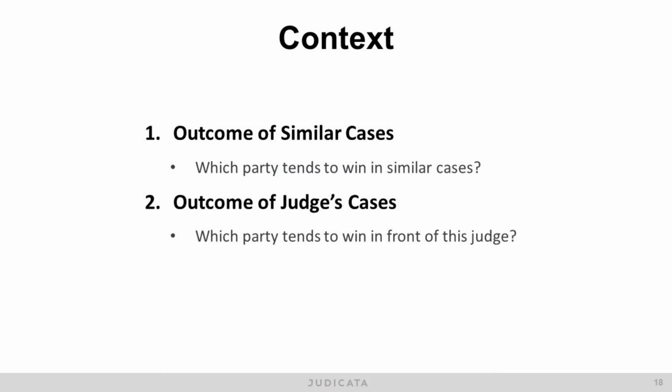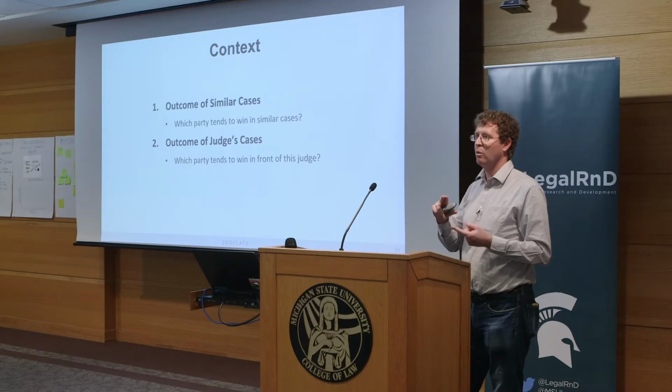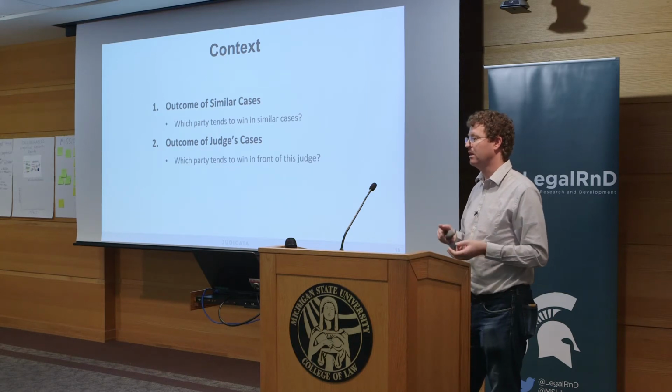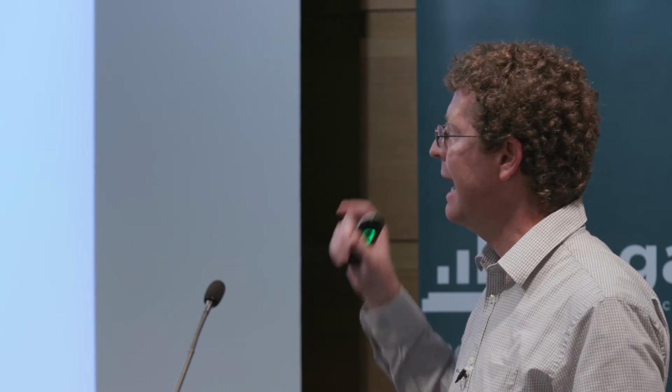Context, I'm not going to jump into any real detail, just for interest of time, but what we're looking at here are a measure of similar cases, cases that arise in the same causes of action, same procedural posture, same side, plaintiff or defendant, who tends to win. So we come up with a sort of statistical measure of how likely you are to win just based on other similar cases.